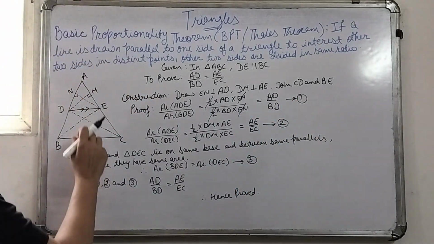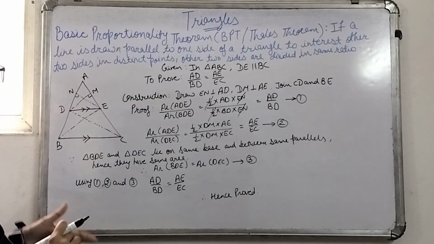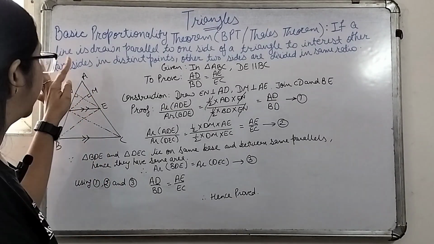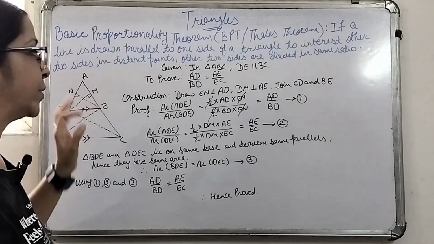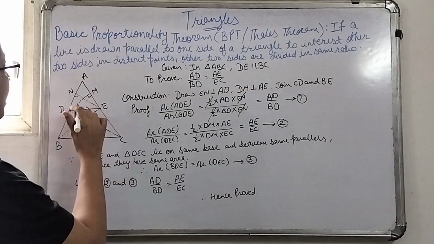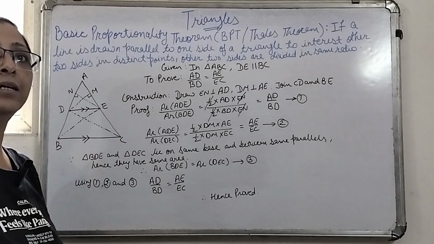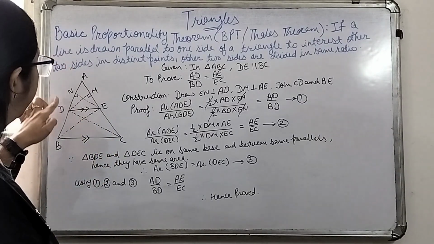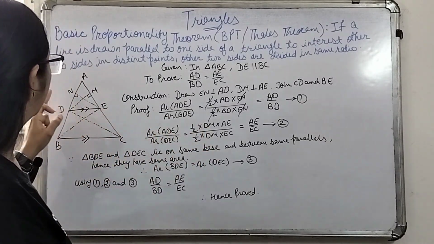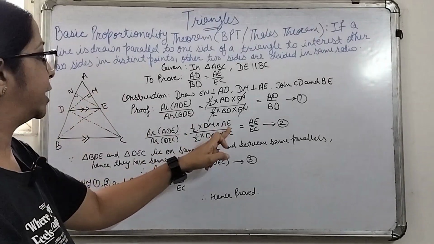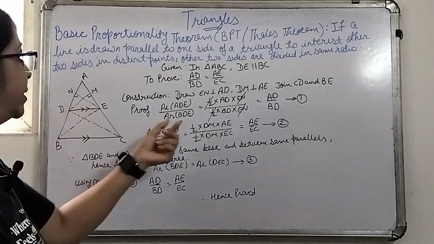Now again we are taking the same triangle ADE, but instead of AD as the base, we are taking AE as the base. So if AE is the base, DM will be the height. So area of triangle ADE can also be written as 1 upon 2 into DM into AE.